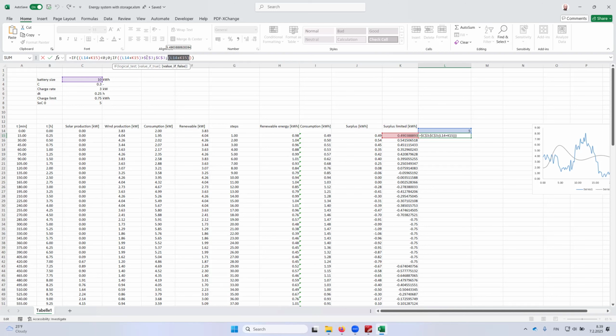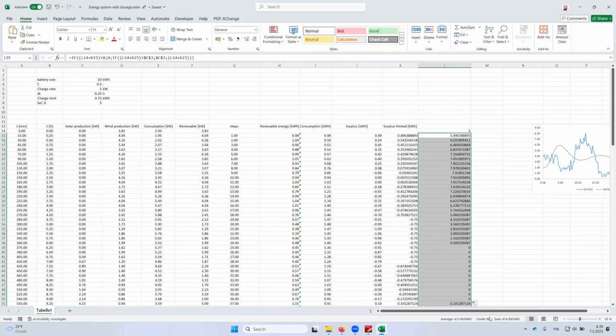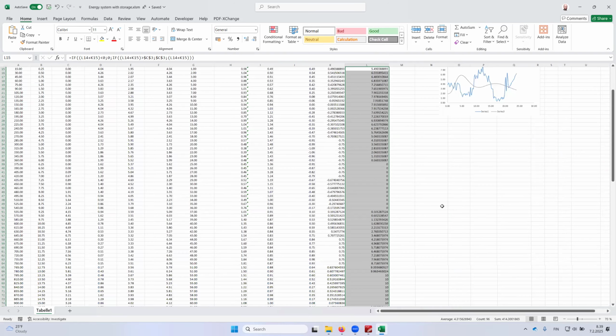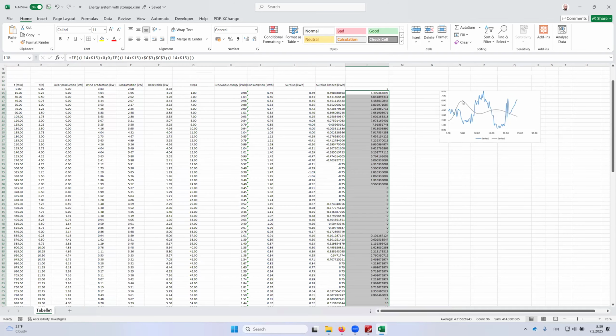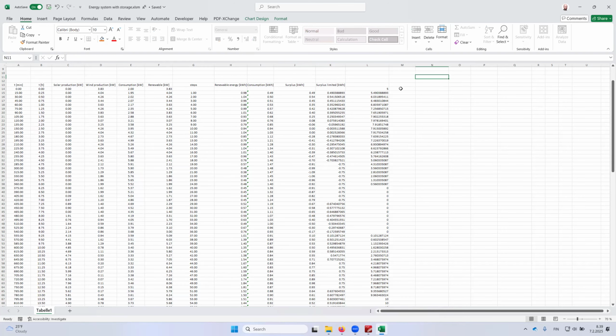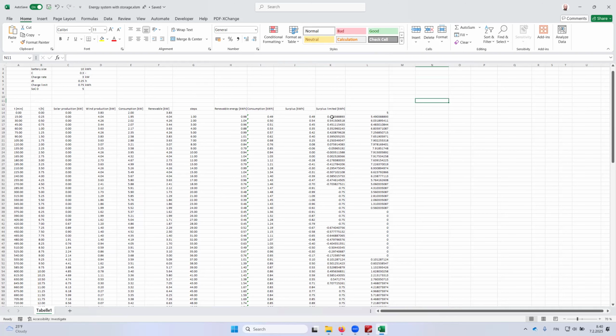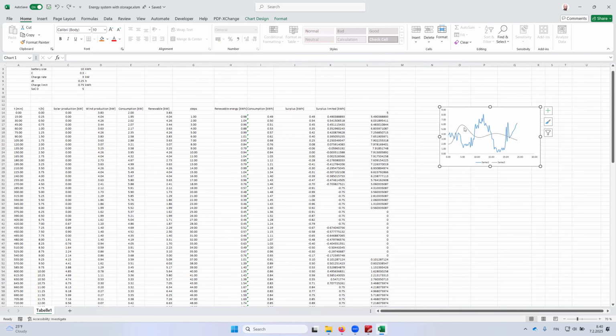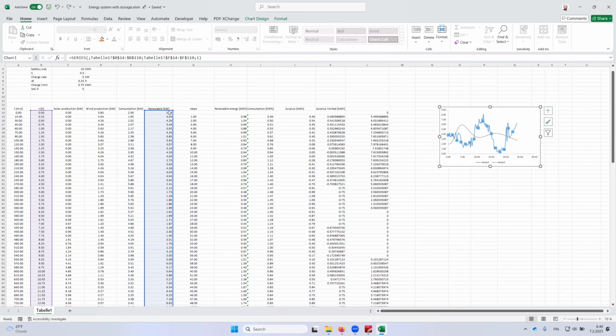If it goes above the battery size, then it's just going to be the battery size. So let's see this one. And now I can try and draw these. Actually, I could draw it in a way that there would be, well, let's see the consumption and the battery.